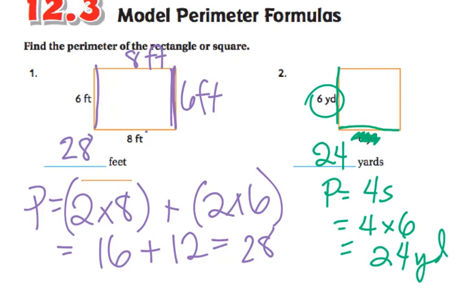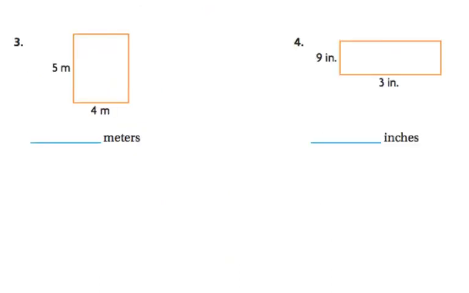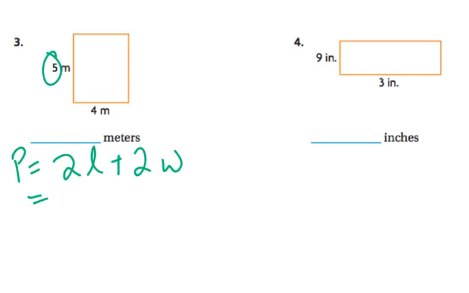Okay, let's look at a couple more. Remember, you can always press pause if I'm going too quick. Okay, here, we're going to use our formula, P equals 2L plus 2W. So I have my length of 5, 2 times 5.